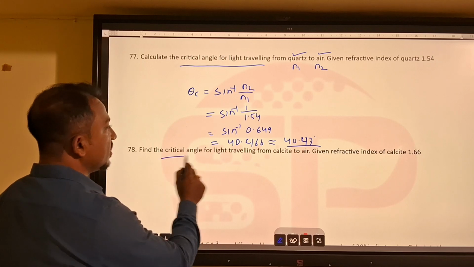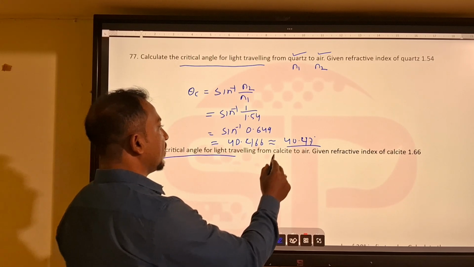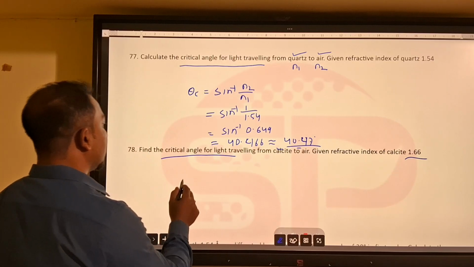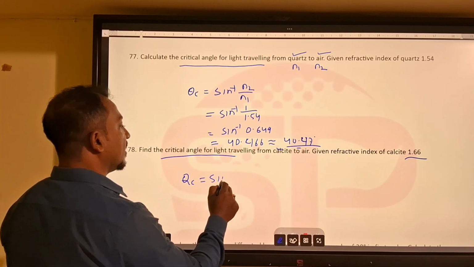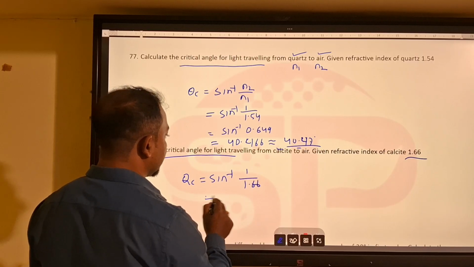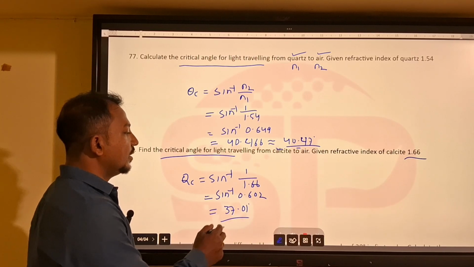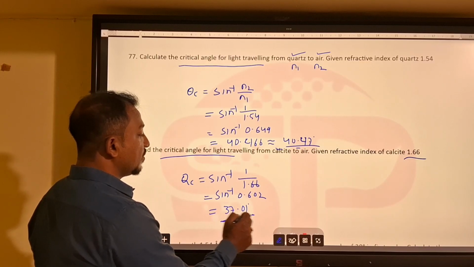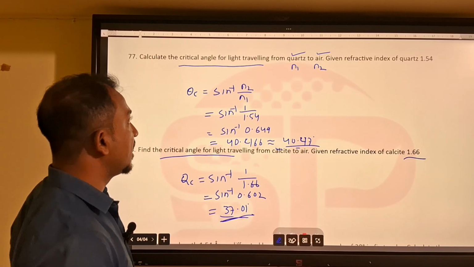The next question is similar, where light goes from calcite to air, where calcite has a refractive index of 1.66. So theta c will be sine inverse 1 by 1.66, which is sine inverse 0.602, and the answer will be 37.01 degrees.